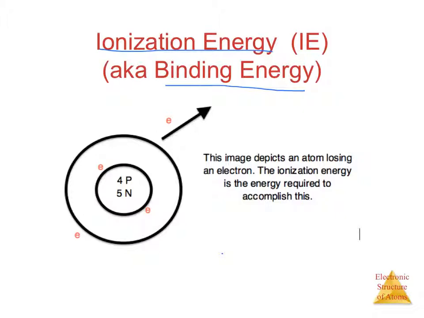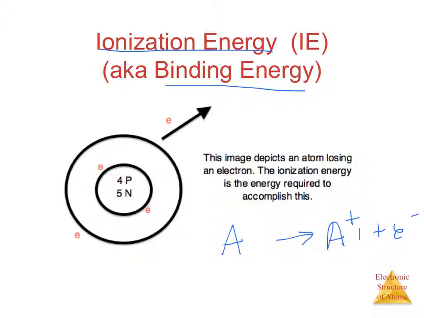So I have some atom and I remove the electron. That's basically the equation for it. How much energy does it take to do that? Anytime you separate something, you break a bond, or you remove an electron, you have to put energy in. So this is an endothermic process, it requires energy.